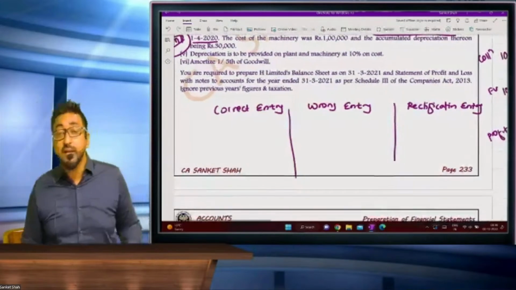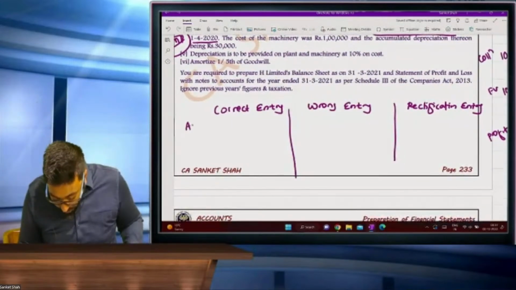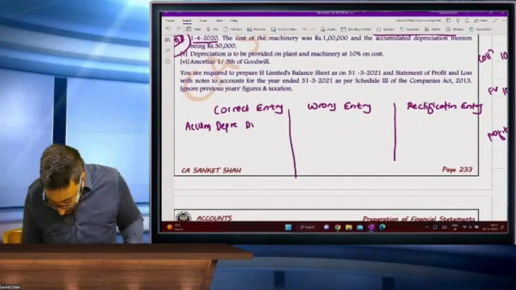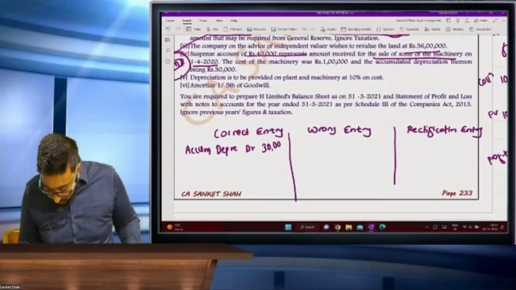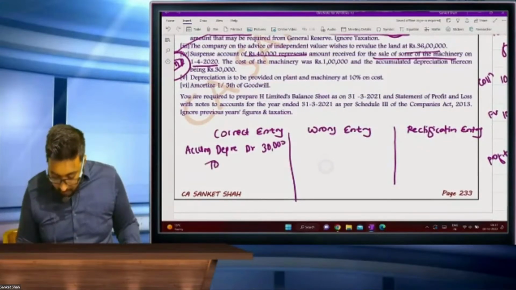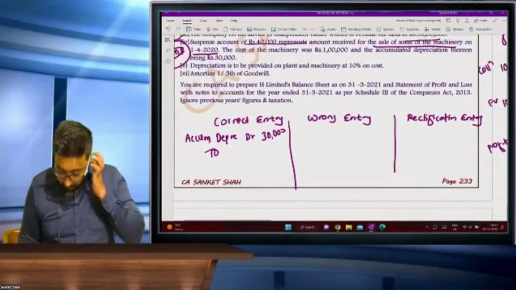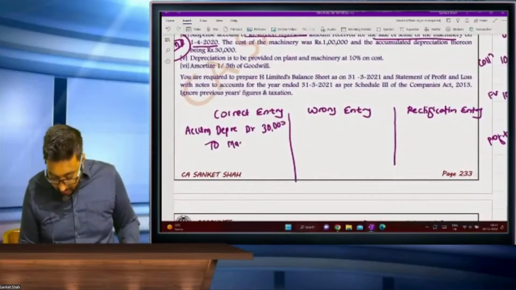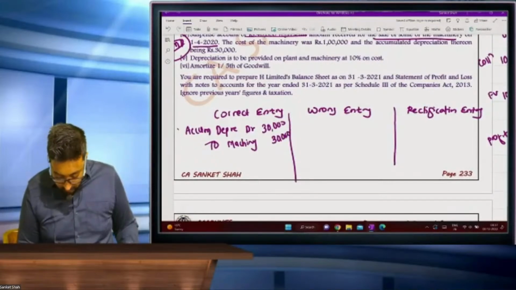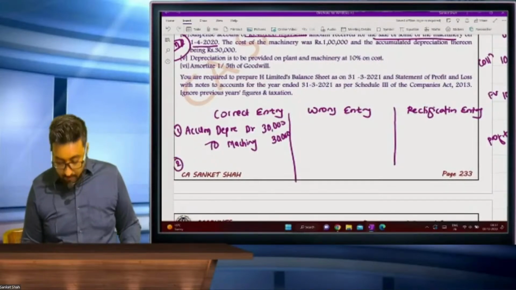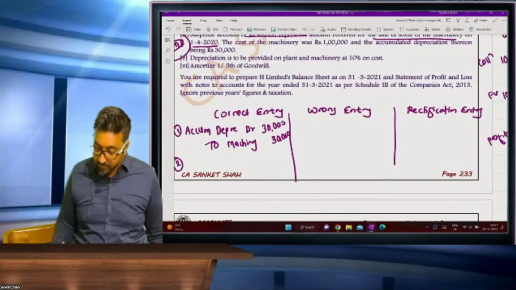So what is the correct entry, beta? Accumulated depreciation debit 30,000 to machinery 30,000. Okay.